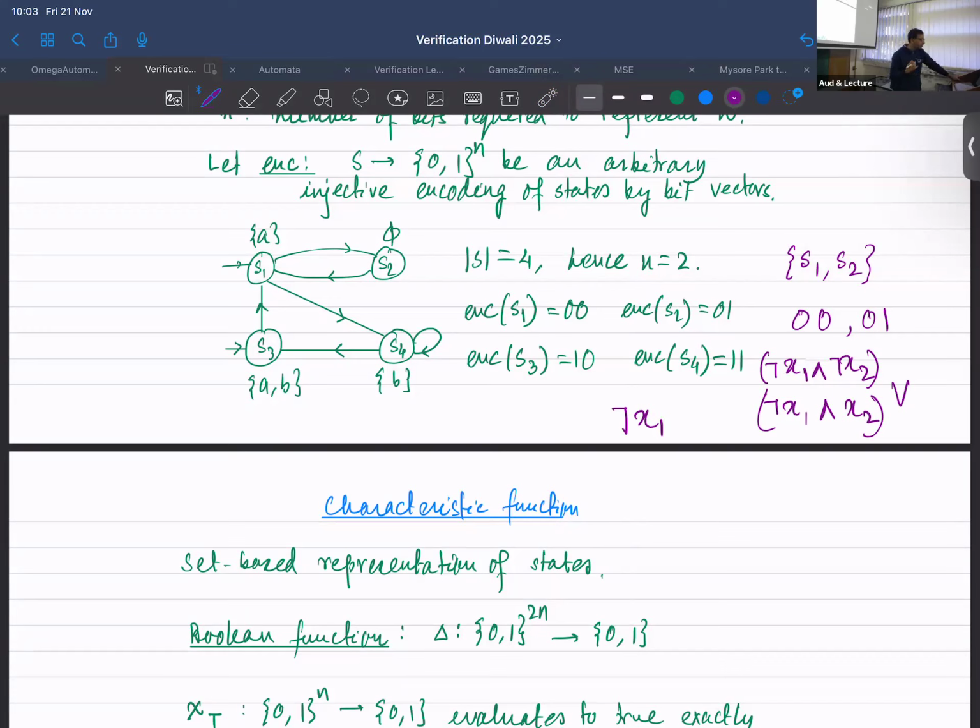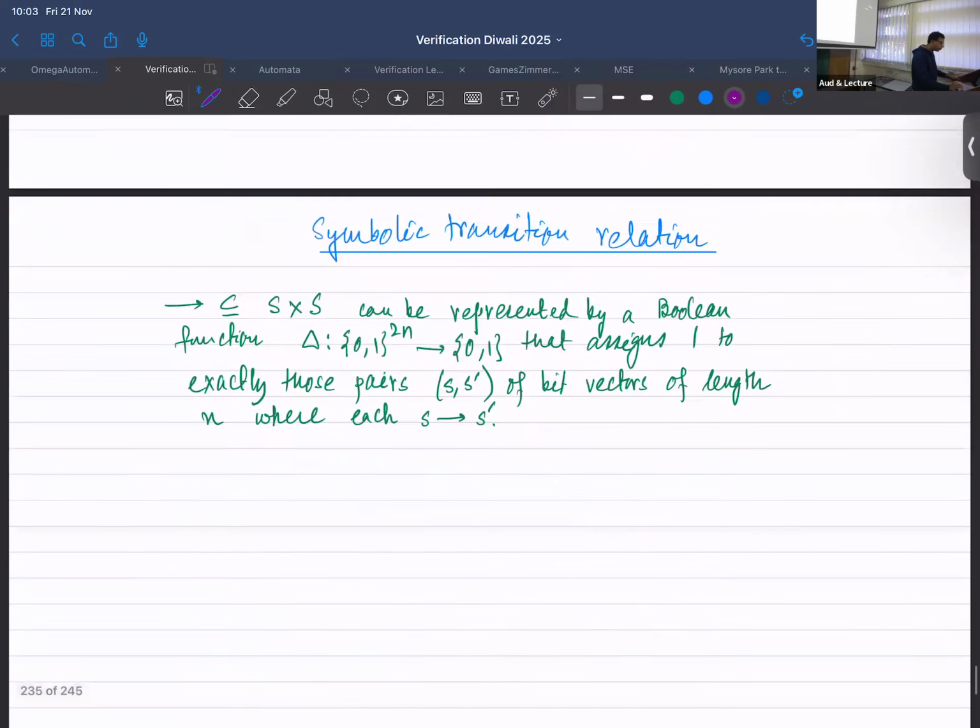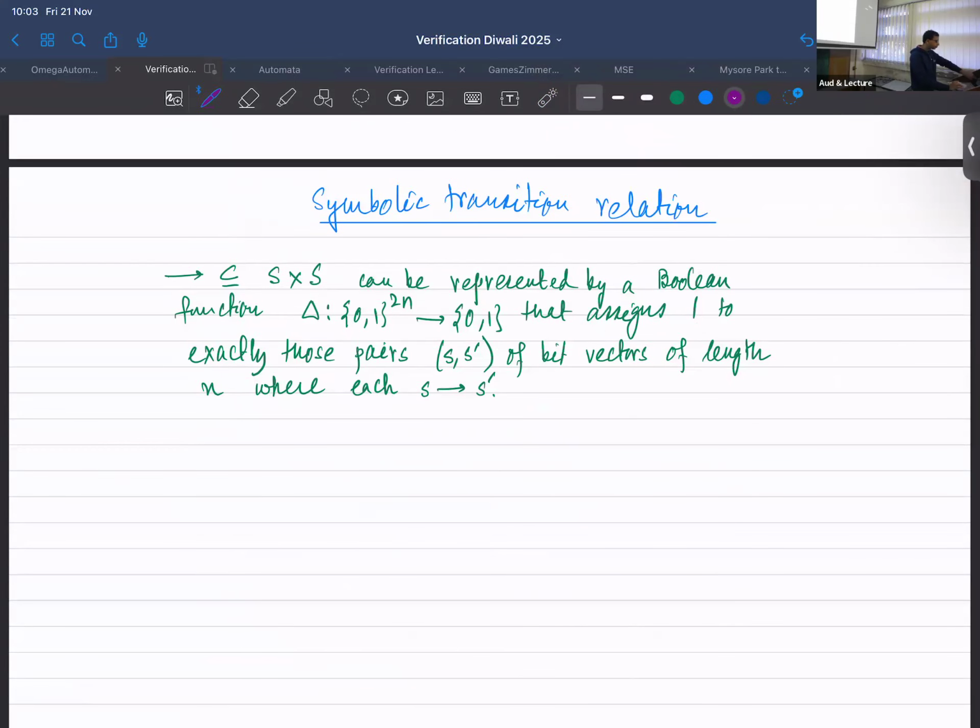So this negation of x1 denotes the set S1, S2. That's the idea. And similarly, you can also do this for the transition relation as well.